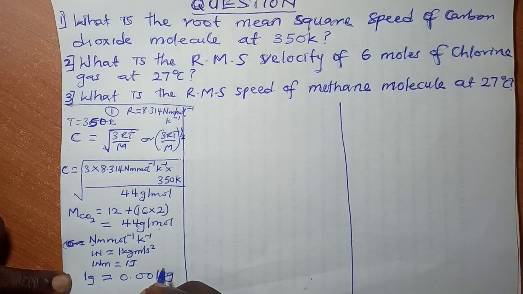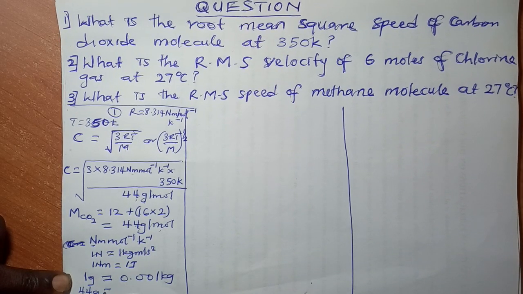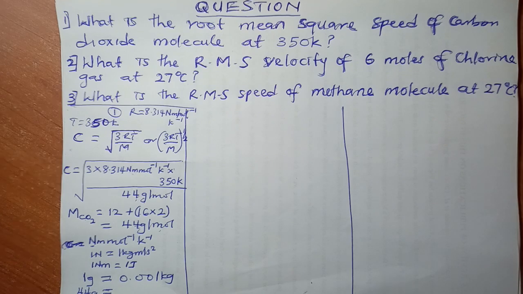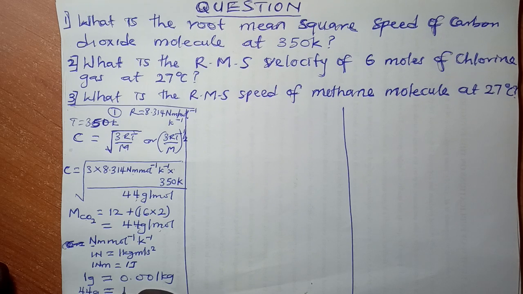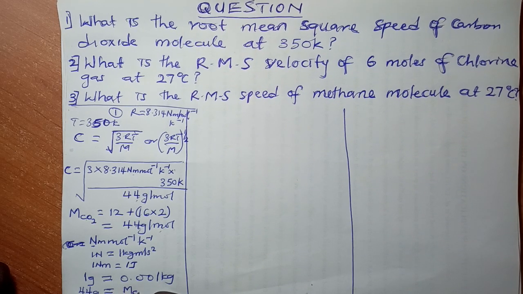So if I'm converting this to kilogram, understand that 1 gram is equal to 0.001 kilogram. So if I bring this as 44 gram, what will it give me? I'm looking for the molecular weight of carbon dioxide in kilogram per mole.